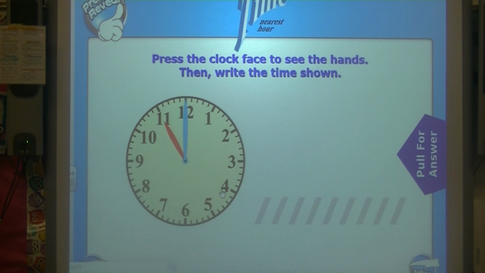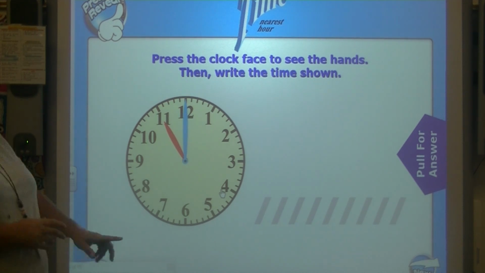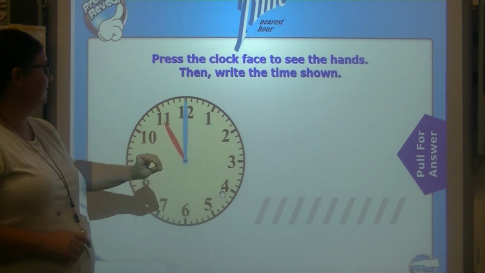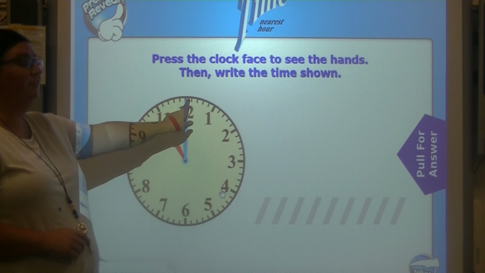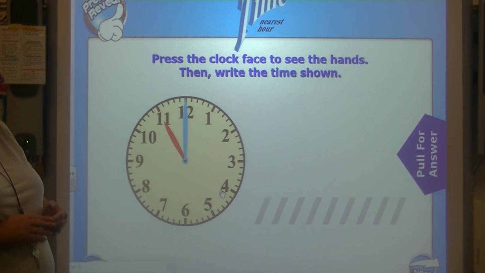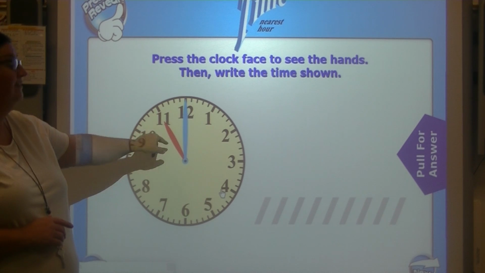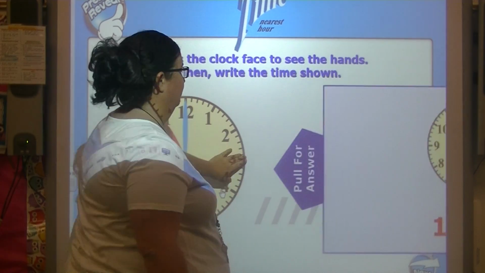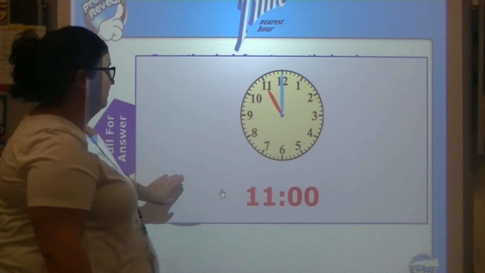What time, boys and girls? All right, hour hand is on 11. Minute hand is on the 12. 11 o'clock. So digital time, 11, 0, 0. No minutes after 11.